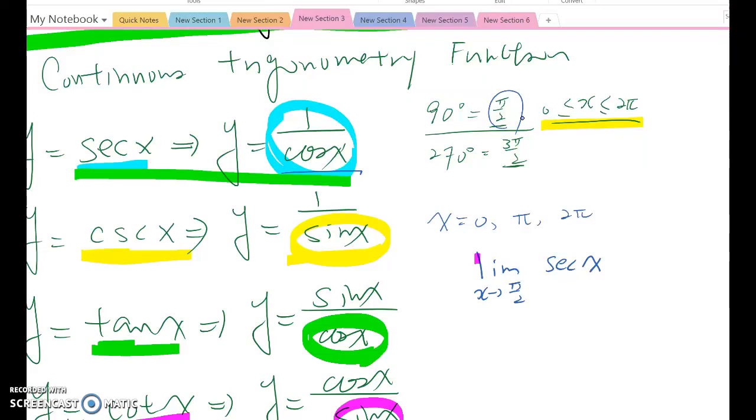Therefore, at x equal to pi over 2, that's our vertical asymptote, right? Which means the function is not continuous. Not continuous means the limit does not exist.